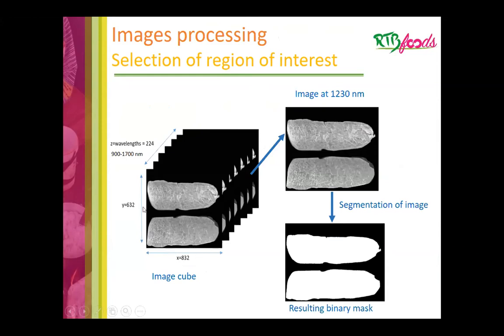Here X and Y are spatial dimensions, and Z here is the spectral dimension. It contains 224 wavelengths from 900 to 1700 nanometers.